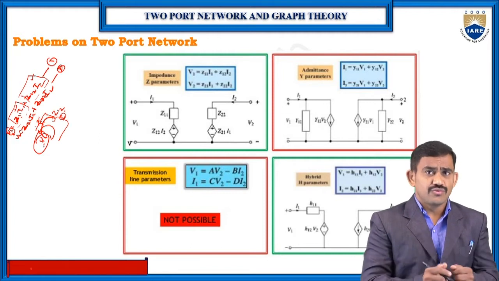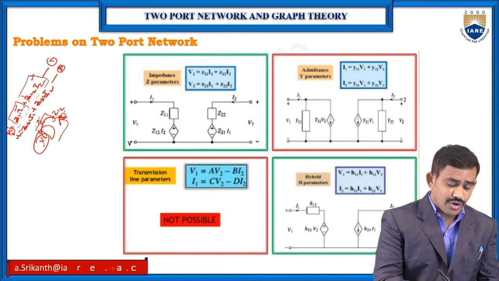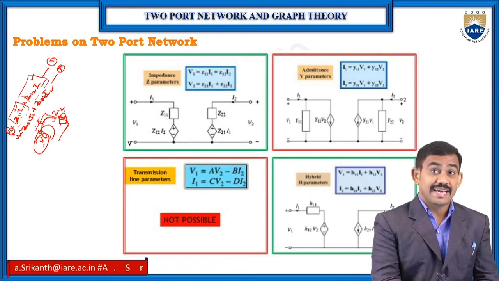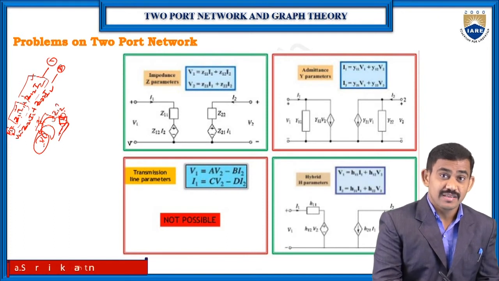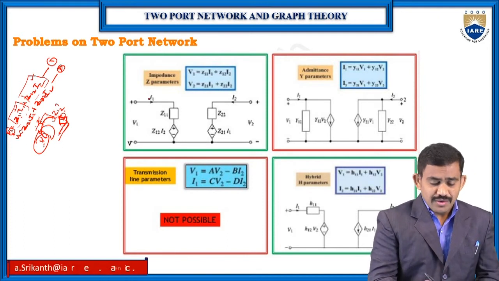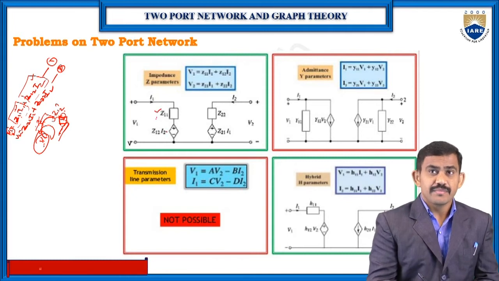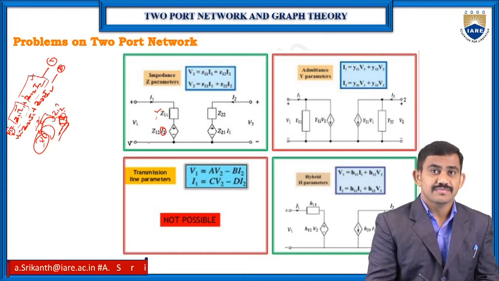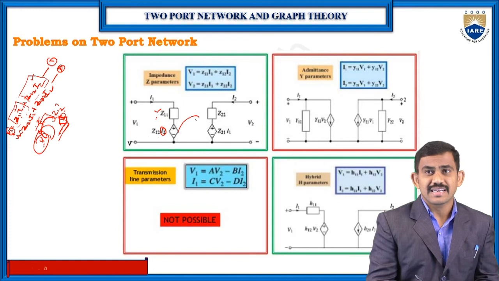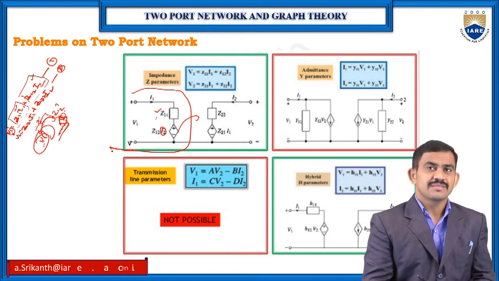Coming to Z12 we have the I2 current, so here we have a current dependent voltage source. That I2 current is the secondary side current. So Z11 is as it is, and Z12 is a dependent source. This is the circuit from equation number 1.